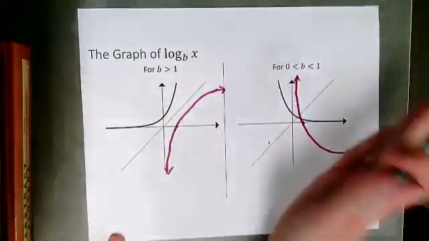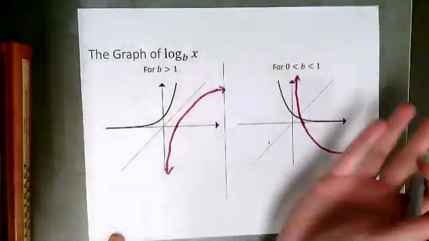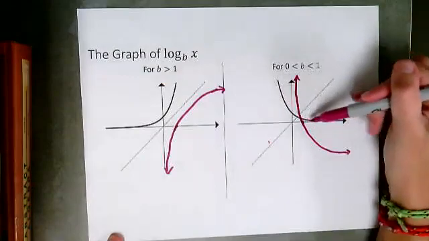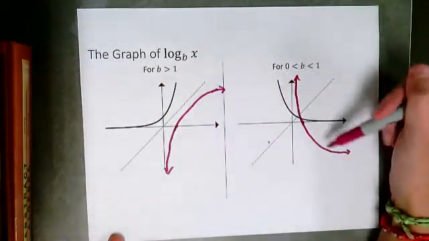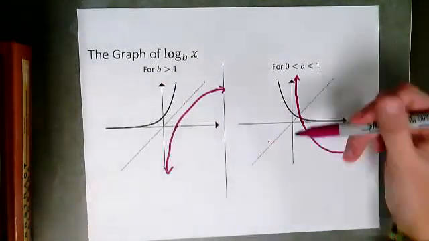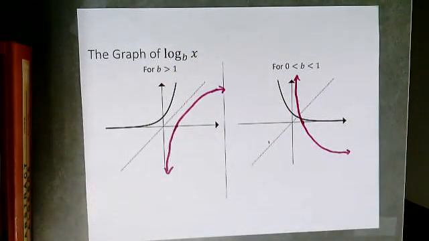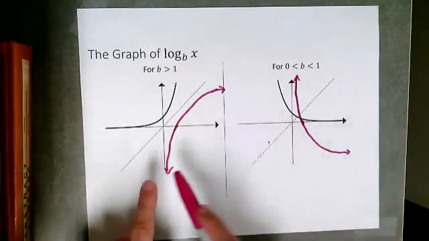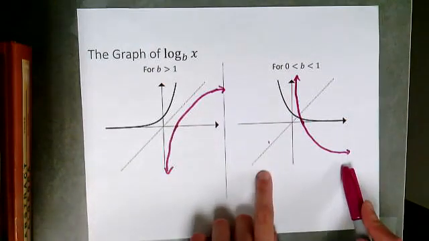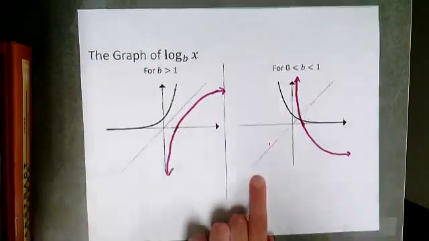Again, it's the mirror image. If you reflect the black graph here over the y equals x line, you'll get something like this. It should be a little bit more curved this way, but it's a sketch. You get the idea. That's what the graph of log base b of x looks like for b positive and bigger than 1, and for b positive and less than 1.